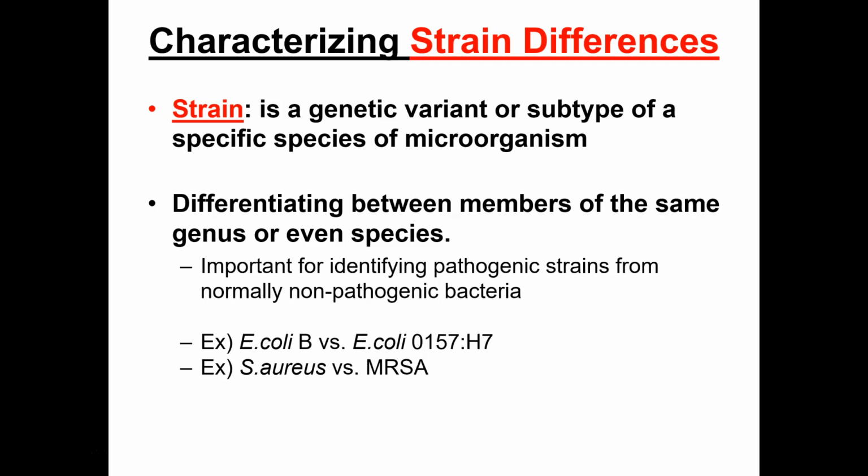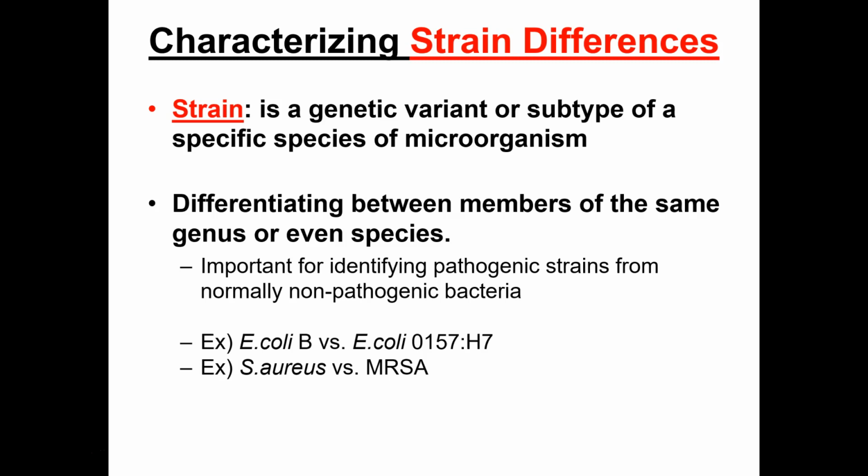There's nothing lower than species. Well, with prokaryotes, technically we're going to break the rules a little bit. Because you encounter strains, a term I'm sure you've used, but you may not realize what it means. A strain is a genetic variant or subtype of some specific species of bacteria or, say, archaeans.